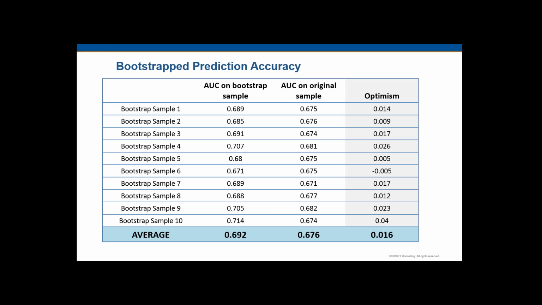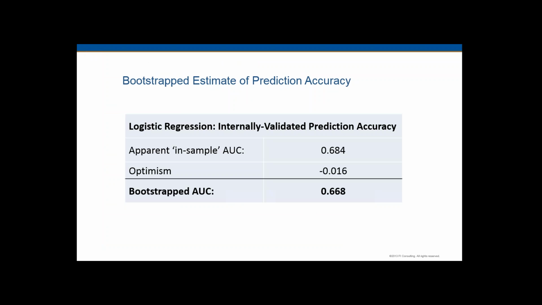And we can take the difference of their averages in the third column to obtain the estimate of the optimism inherent in the apparent accuracy rate. So with only 10 bootstrap samples, we can say that our apparent accuracy rate is 0.016 too high, and we can subtract it from our original estimate of 0.684 to get the adjusted AUC of 0.668, which we can say is probably more realistic.